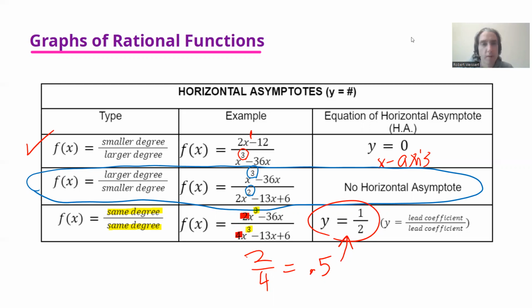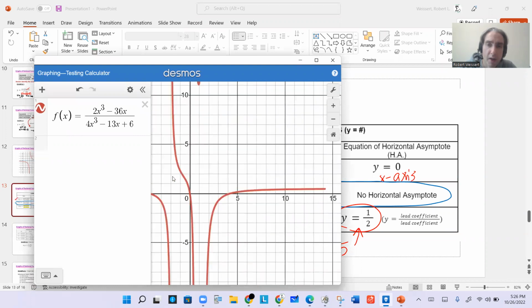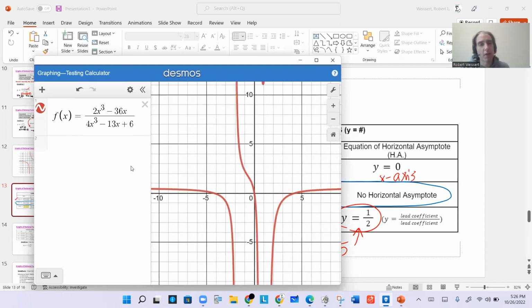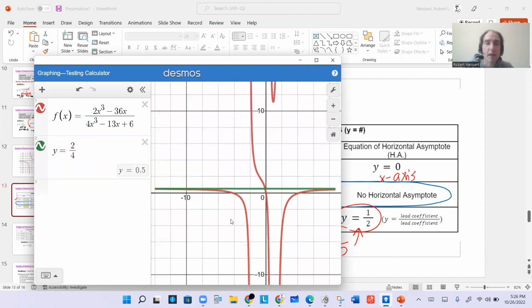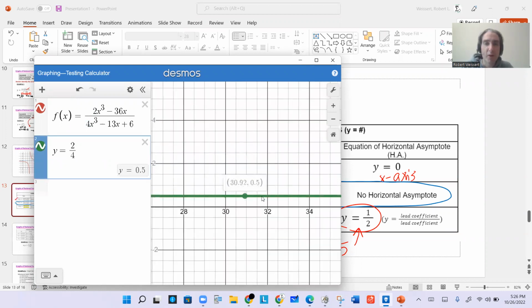Let's graph it. Okay, guys, here's the graph of the function that I have on that third part of the table. If you notice, the graph is not flatlining at the x-axis anymore. It looks like it's shifted up a little bit. We can verify that these two numbers, 2 over 4, is indeed the line that the graph strives to touch, but never quite touches.